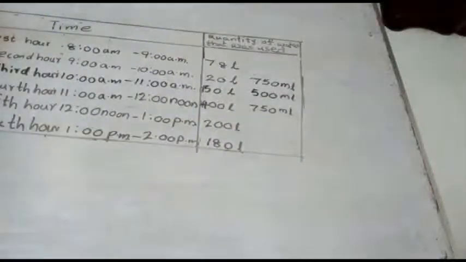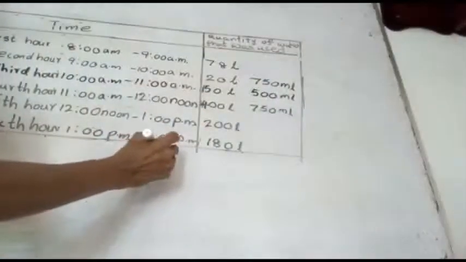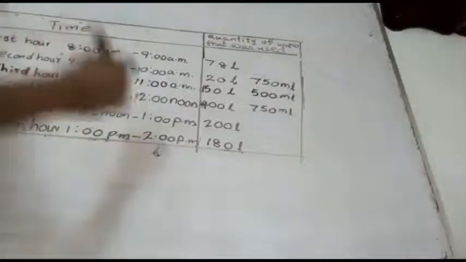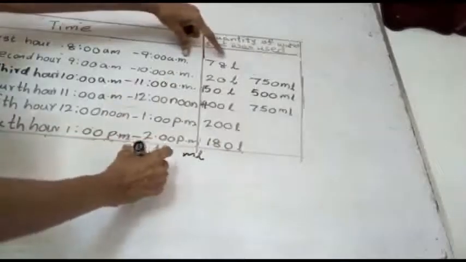Question number 1. Show by calculating that by the end of the fourth hour, exactly half the quantity of water in the tank had been used. Now find the amount that was used by the end of the fourth hour. Here first hour, second hour, third hour, fourth hour. Now we add these volumes, liters and milliliters. First hour, 78 liters.